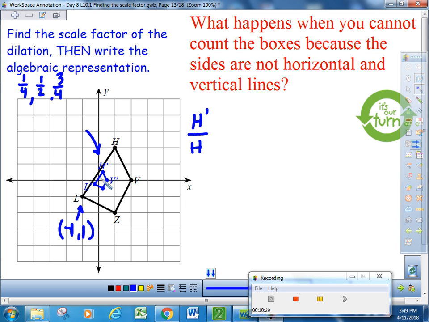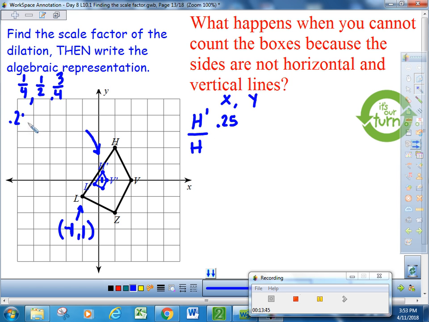Okay, so H prime is, I'm going over, does it look like I'm going over 1/2 or 1/4? So going over, so you're going to write the XY ordered pairs. Going over, I went over 1/4. Okay, this is 1/4 right here. So I'm going to write it as a decimal. 1/4 is 0.25.